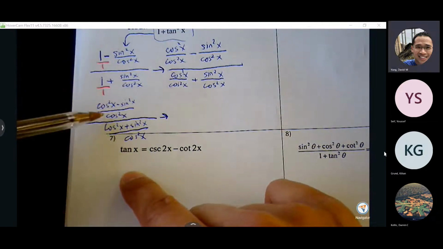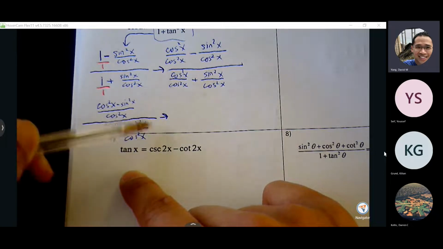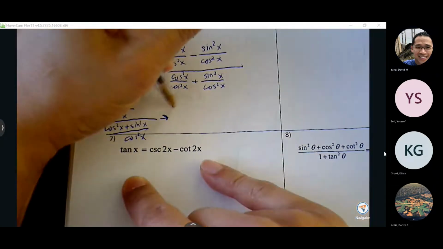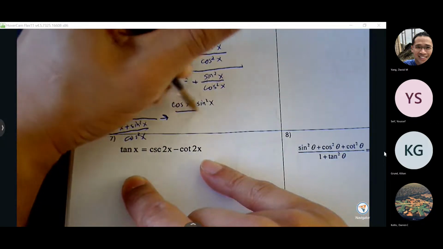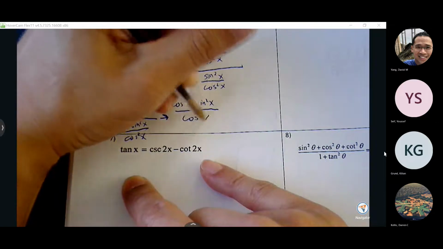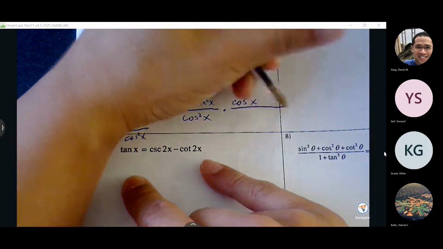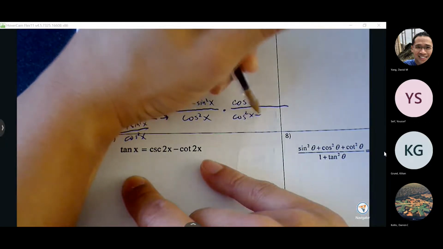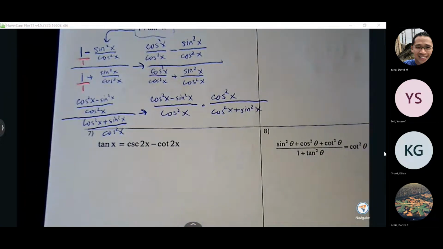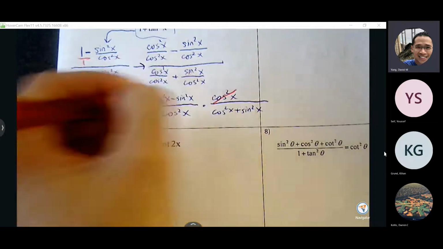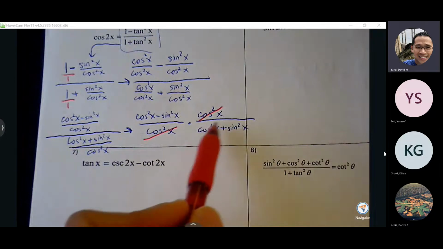Okay. At least I have it down to a fraction divided by a fraction. I can multiply by this denominator's reciprocal. Okay, we see the cosine squared goes away nicely here. All right, looks like we have a lot of stuff here, but we can actually do something here, right?